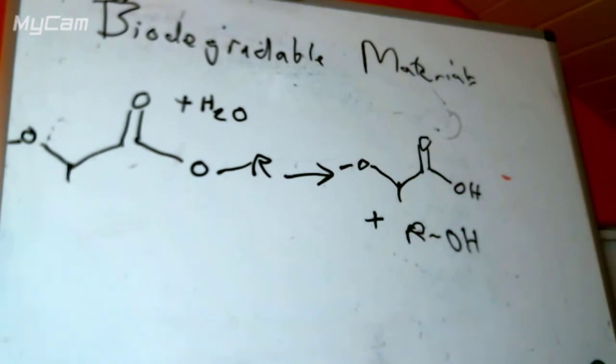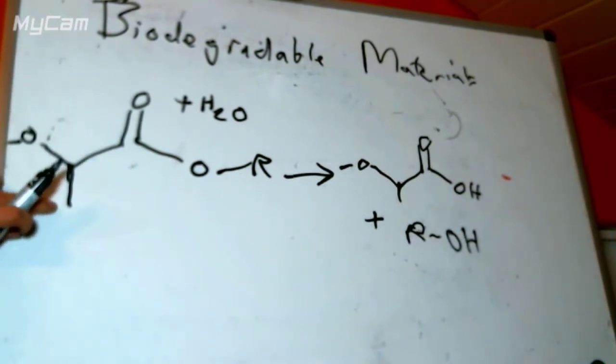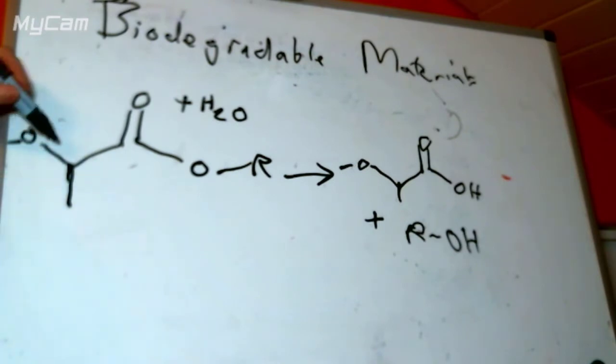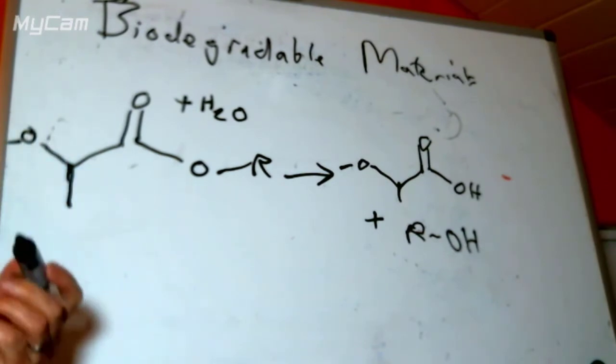On here, for example, let's draw that. On here, for example, there's a methyl group, a CH3 group, and in this style of drawing, I have not drawn the 3D structure, so I haven't drawn the angles of the bonds, and I haven't drawn the hydrogens on at all. So on here, there are 3 hydrogens.